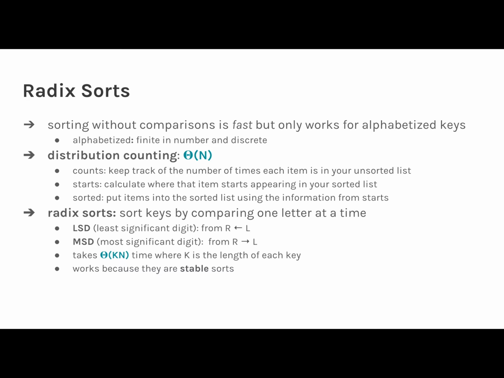You can just loop through your array, and whenever you find a 0, you know, okay, that should come first, so you could put that in the 0 bucket.